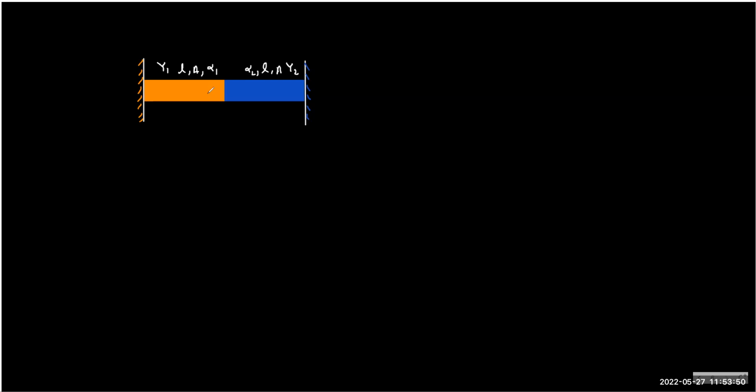So now what will happen if I try to increase the temperature? The interface, you can see, will shift either left or right. So question is, as temperature changes, the interface will shift.